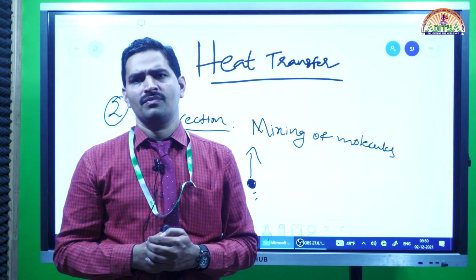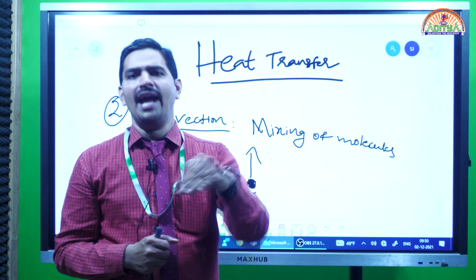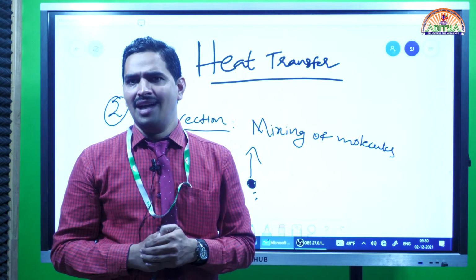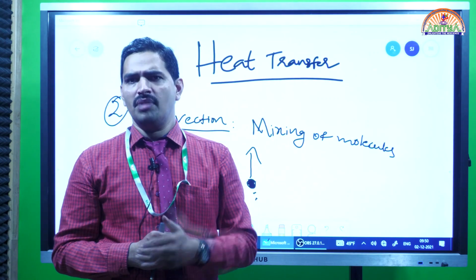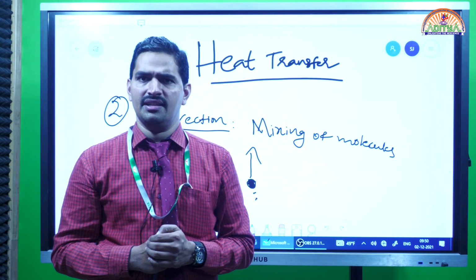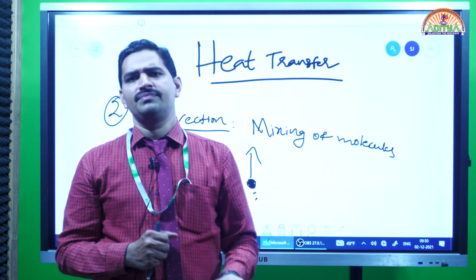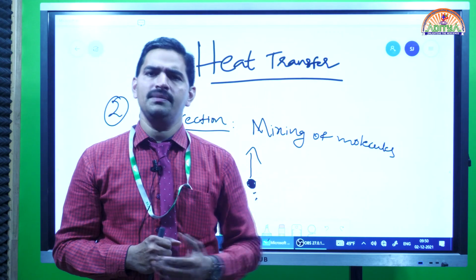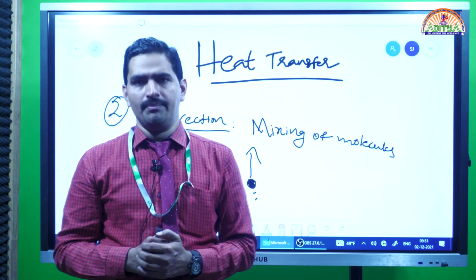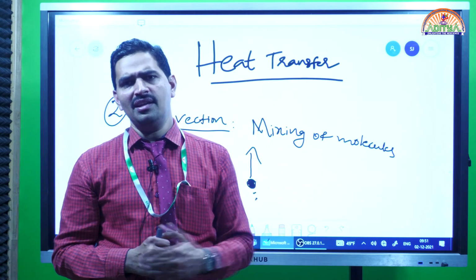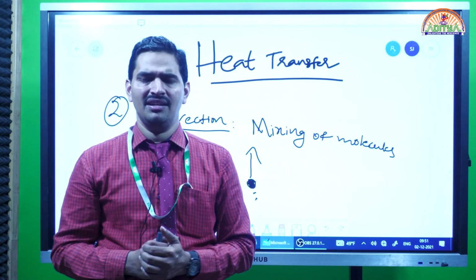Initially, if you put your hand into the water, the upper surface doesn't have heat, but the lower layers have the heat. Different layers have different heat content, but after some time, all the layers have the same heat. Why?